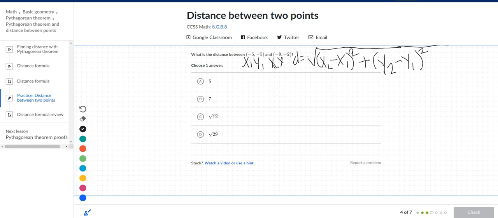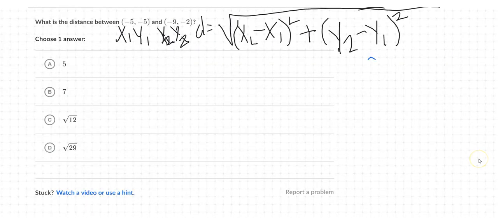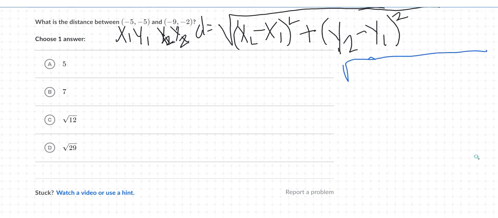Alright, so I'm going to begin by plugging my values into my distance formula. We have my x2, which is -9. So I'm going to put that in parentheses, just so I can remember that my negative is there, minus my x1, which is -5.